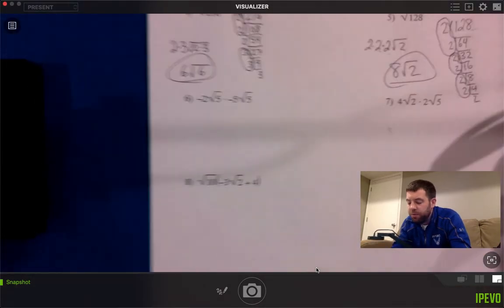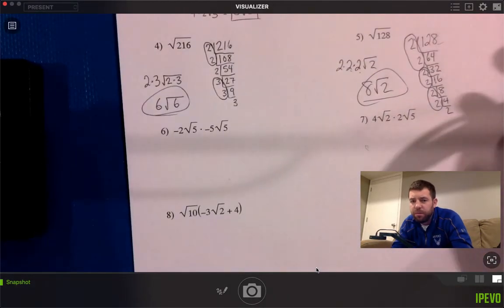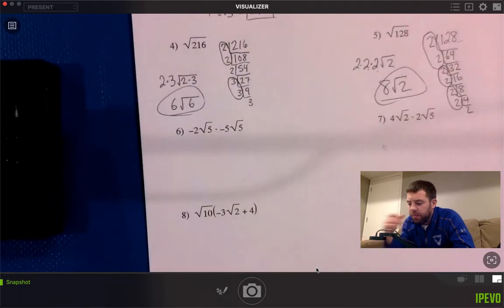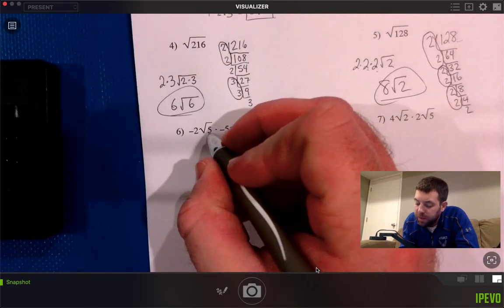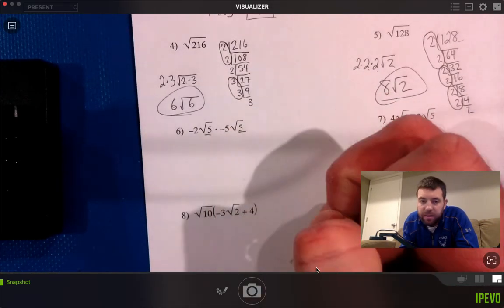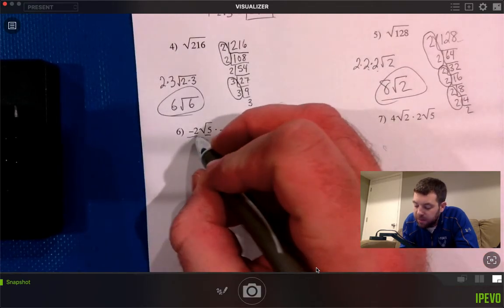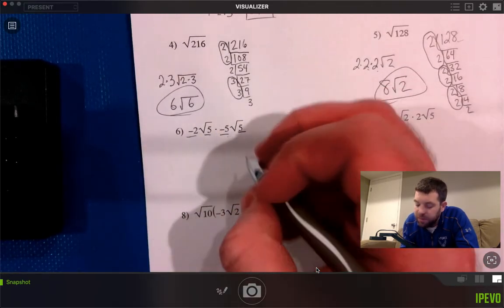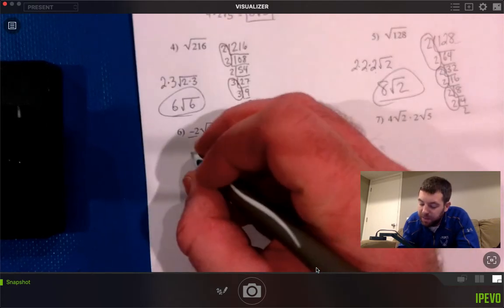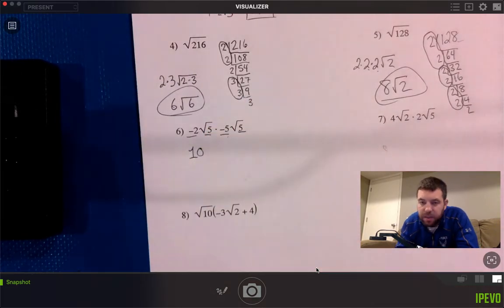Now we're going to use operations. So let's multiply, shall we? All right, when we multiply, guys, we're going to multiply insides times insides, outsides times outsides. So -2 times -5 is going to give me a positive 10.